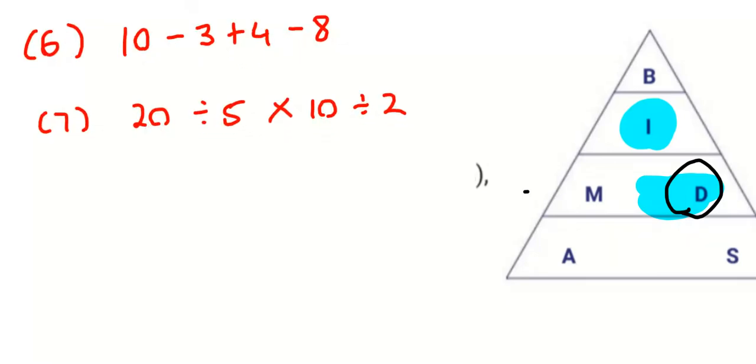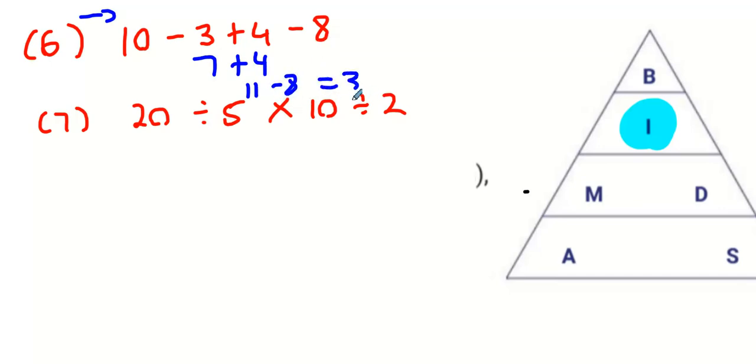We'll do question 6 first. Question 6 is all addition and subtraction, so you need to work left to right here. It's going to be 10 take away 3, which is 7. 7 plus 4 is 11. 11 take 8 is 3. You always work left to right when you're doing addition and subtraction at the same time.